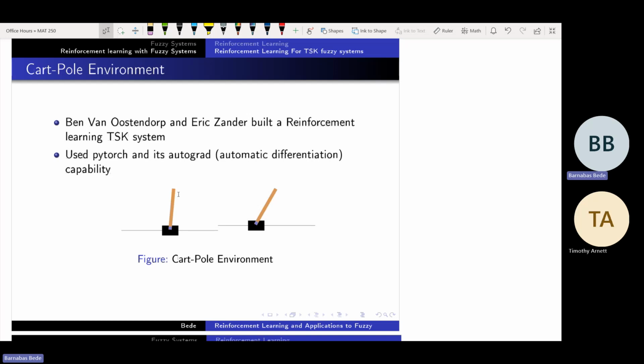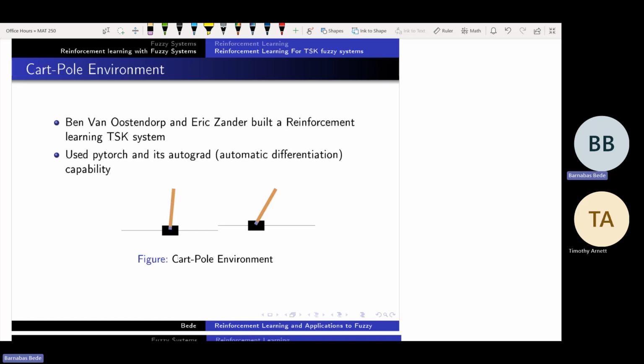Yes, so basically they built a reinforcement learning TSK fuzzy system for the cartpole environment using PyTorch and its automatic differentiation capability. Yes. So cartpole environment. This is a well-known reinforcement learning problem. You want to learn how to balance the stick on the cart. Yes, so there is a cart and there is a pole on it, an inverted pendulum system, and you can do two actions, left or right.